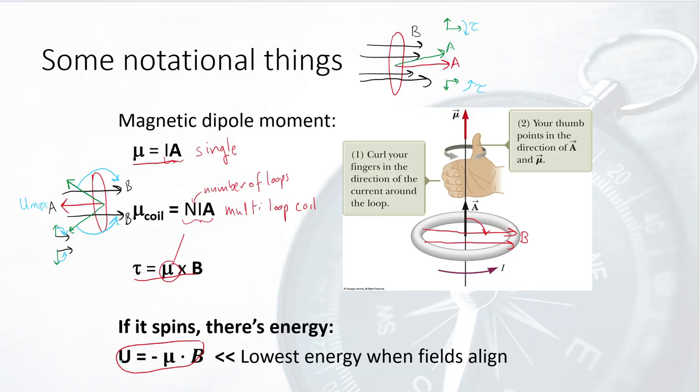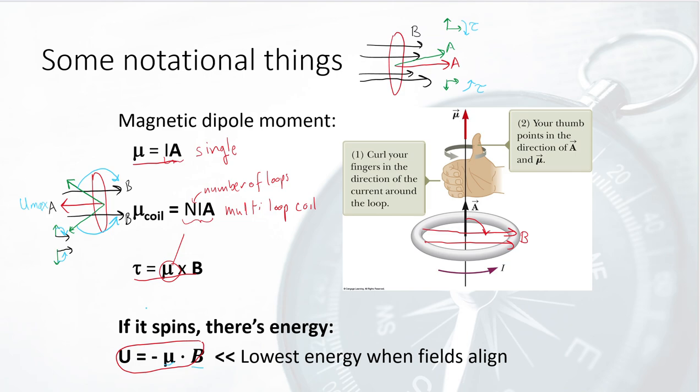Now the way that we can express that is through the dot product of our magnetic moment and our magnetic field. Now that means that our lowest energy state has a negative value, but that negative value is there as a reference point. It isn't truly that there is negative energy there, but it is our reference point based on mathematics which can express the kind of energy that is present in our system.